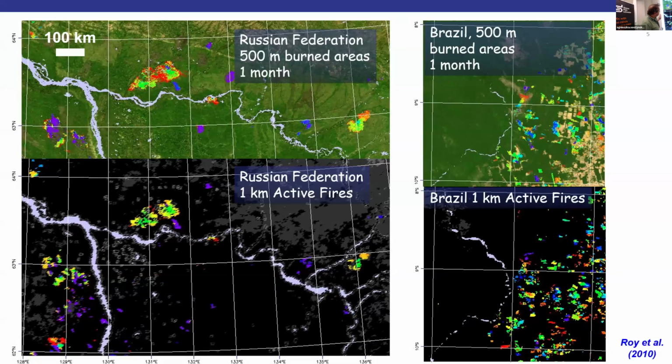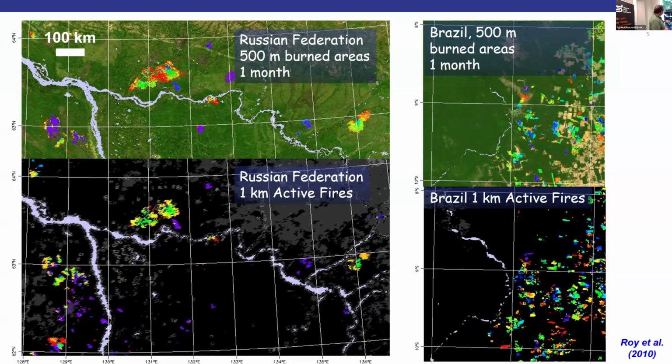And you can see this is a snapshot of an image taken from a chap called David Roy, who's involved in the MODIS fire product, from one of his papers. You see that in the Russian Federation there, burned area coloured by day of detection, and active fires coloured by day of detection. And you see there's a very good correspondence.